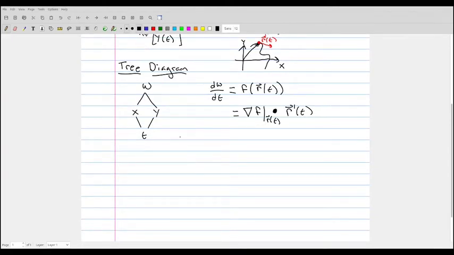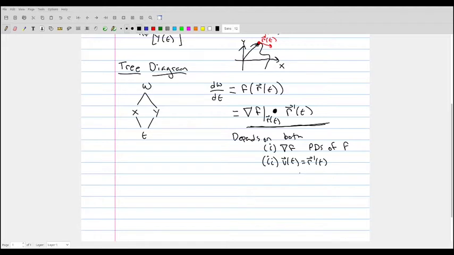So what this is saying is that this underlying quantity depends on both the gradient of the function, so the partial derivatives of f, but it also depends on this velocity vector, r prime of t, the tangent vector to the curve.